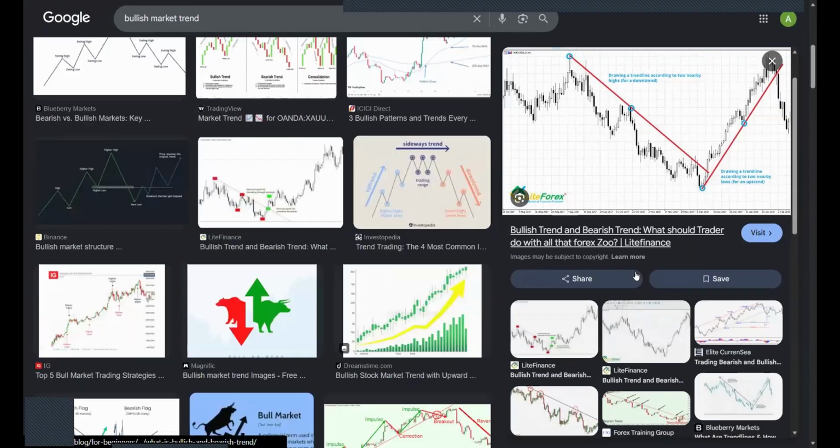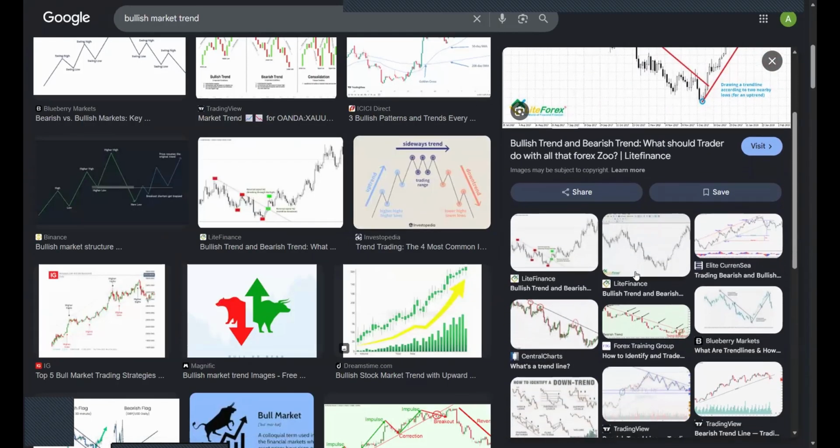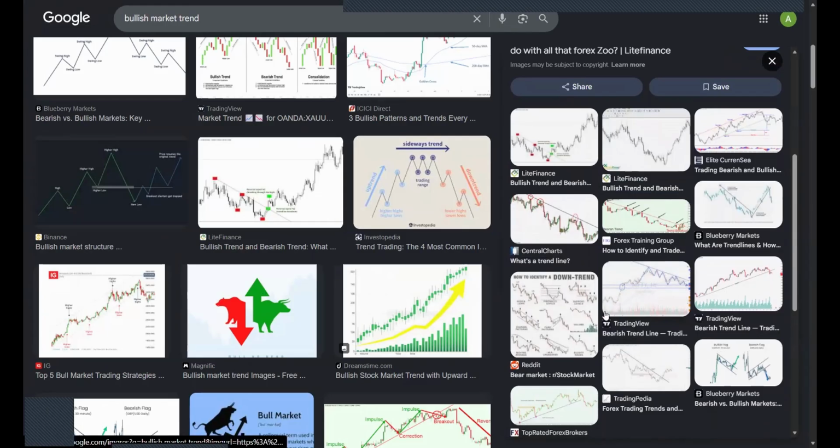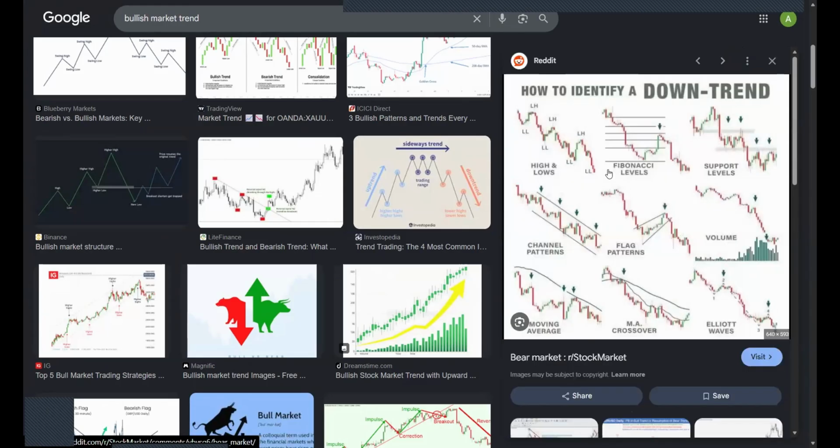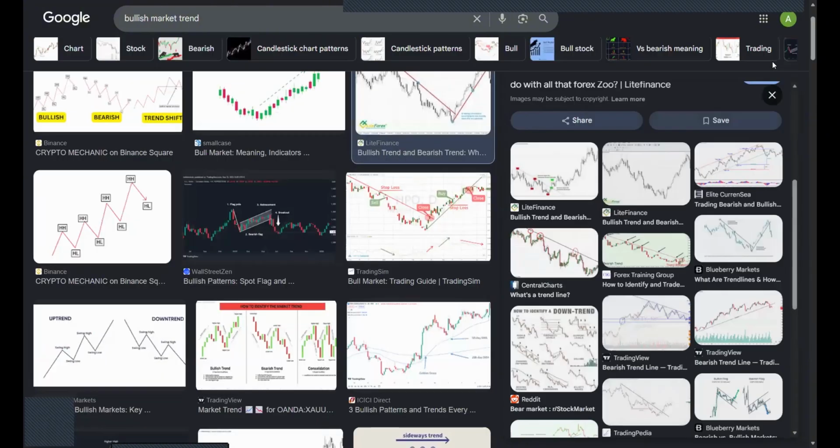Yes, that's what the trend implies. When you're in a downtrend, you can expect the market to be dropping like this, like that, or anything like this. Remember, I'm not against any type of move.